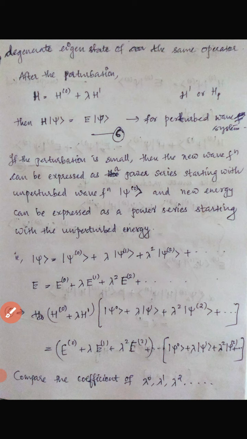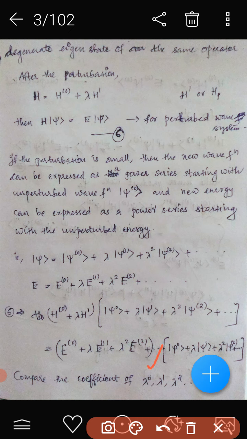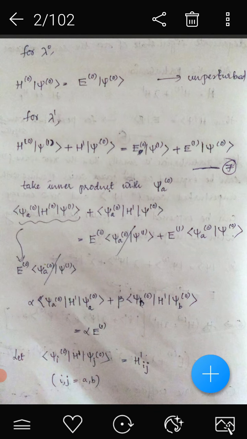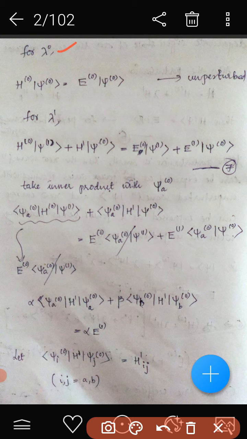The next step is to compare the coefficients of lambda to the power 0, which is 1, then lambda, then lambda squared, etc. For lambda 0, H0 psi 0 is equal to E0 psi 0.